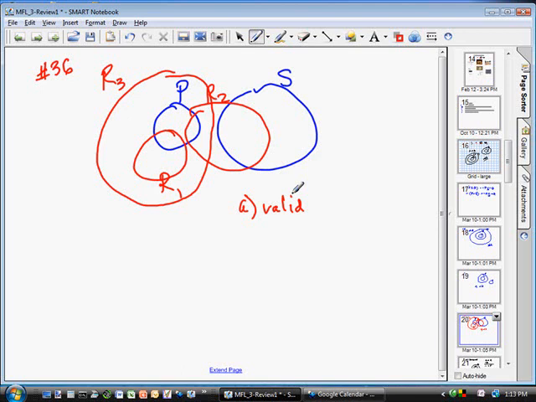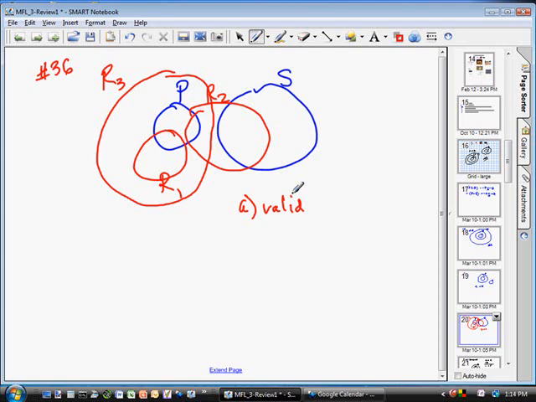And if you even have one, it's invalid. But if all of the ones with true premises come out to true, then it's valid. With Euler diagrams, I'm never quite sure if I drew enough circles. The cool thing about truth tables is they just never lie. If I really had to know, that would be the technique I would use.